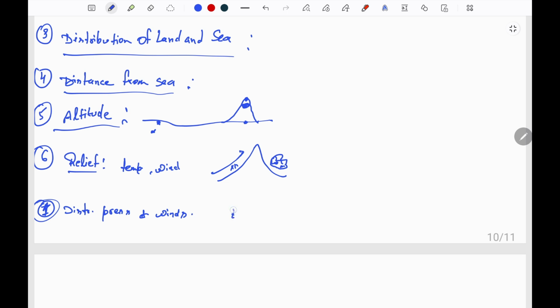Second thing is upper air circulation, like the jet stream. And third one is western cyclones, also known as western disturbances.